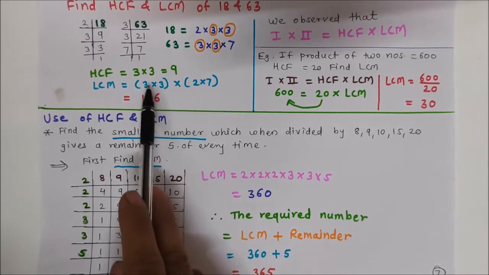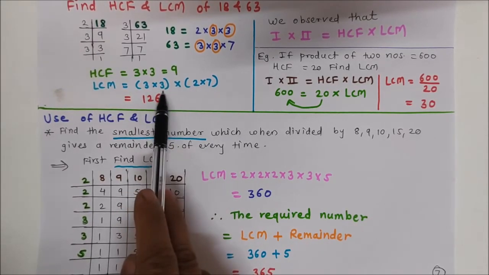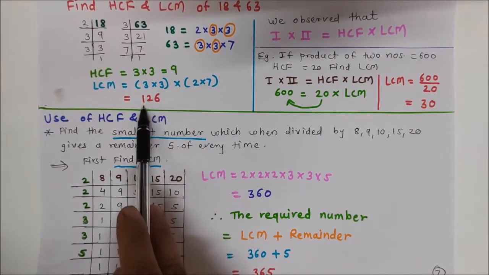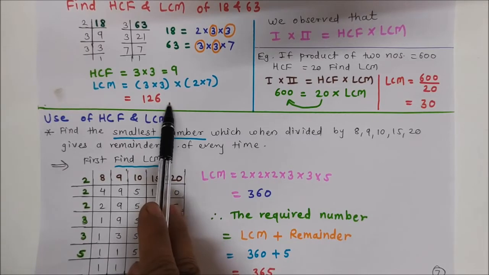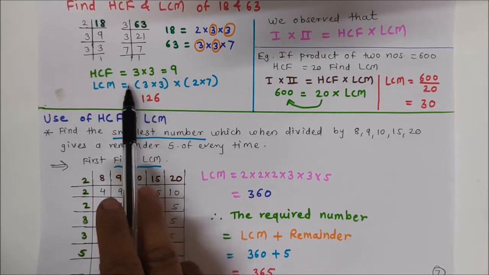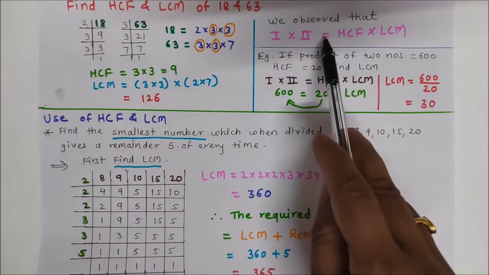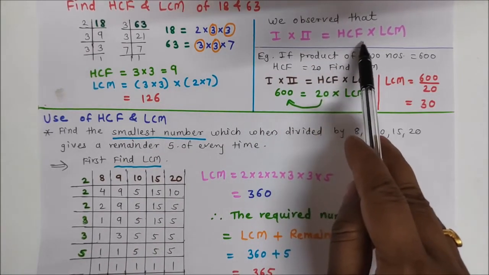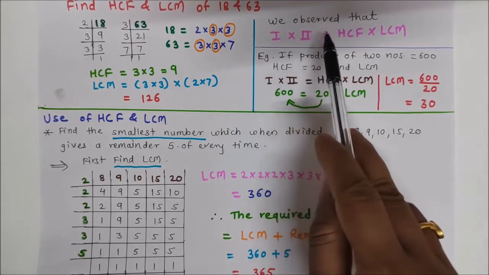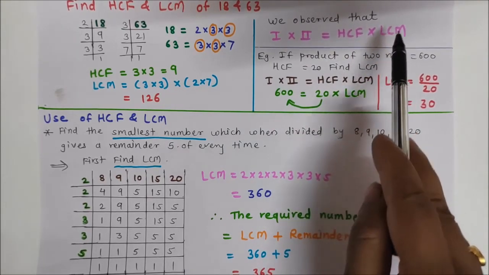Do the multiplication. 2 3s are 6, 6 3s are 18, 18 7s are 126. So we observe that the product of the first number and the second number is always equal to HCF into LCM.